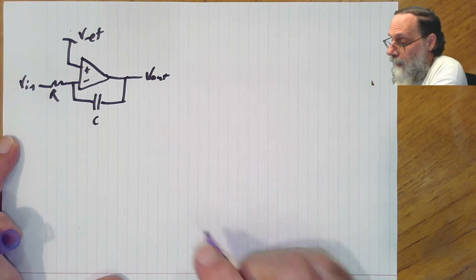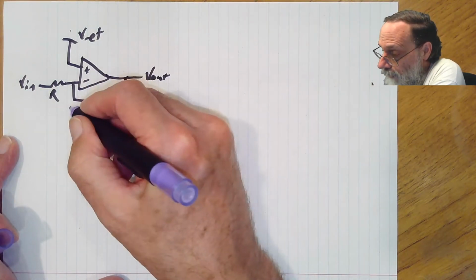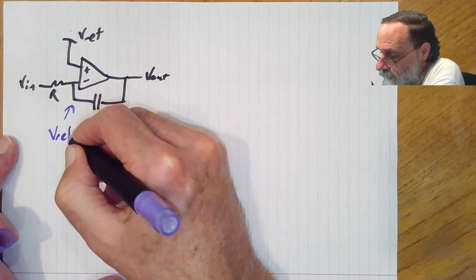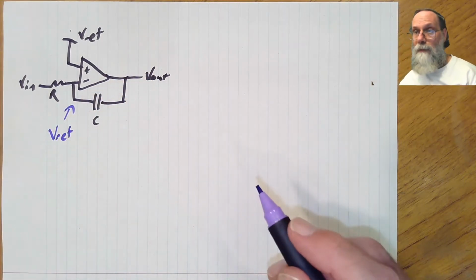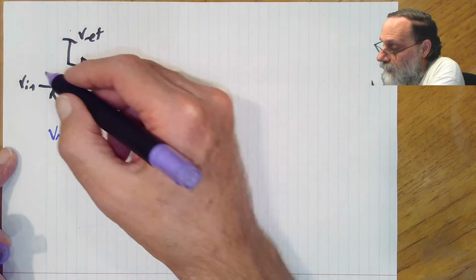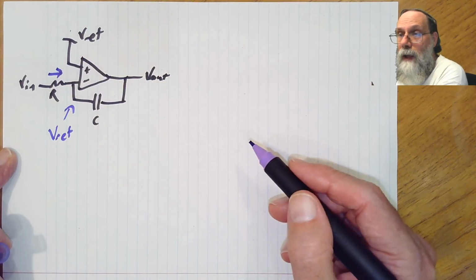We know that because this is an op-amp in a negative feedback circuit, the voltage here is going to be kept at Vref. All right, so let's take a look at the current that flows through this resistor.